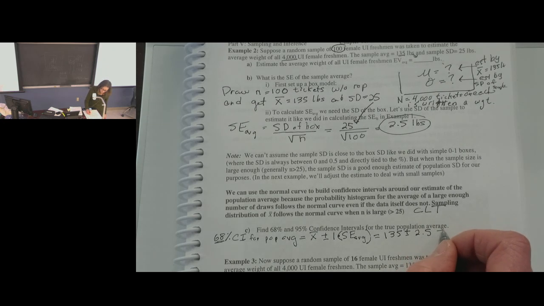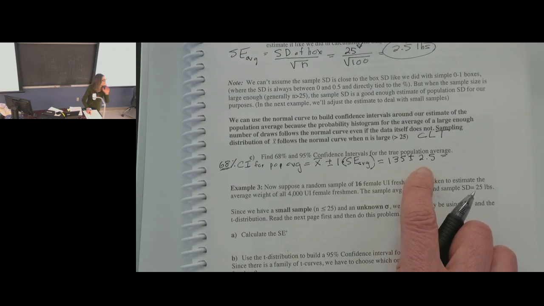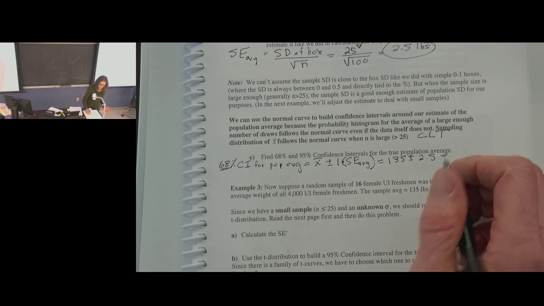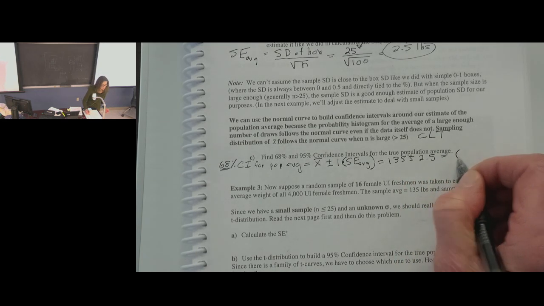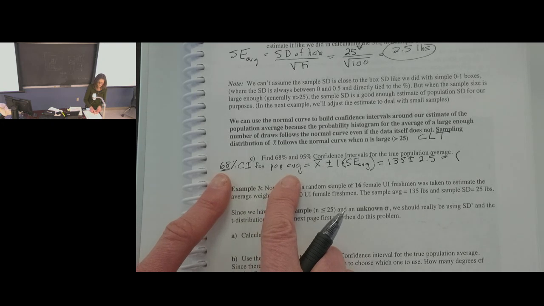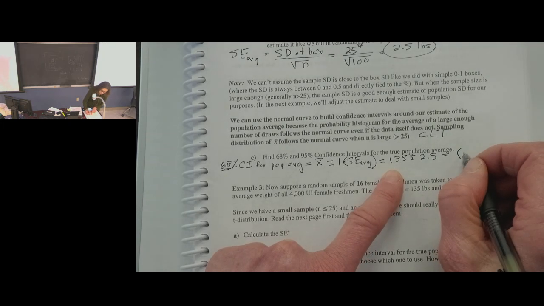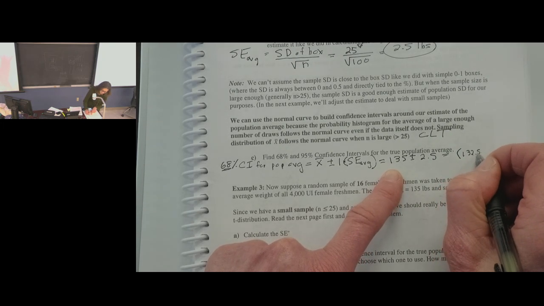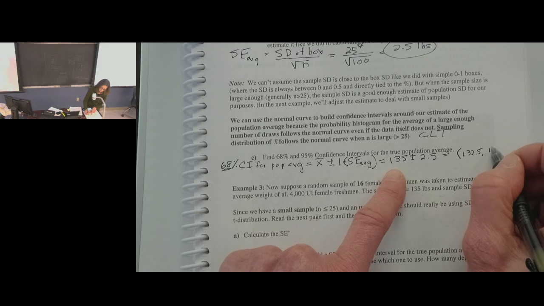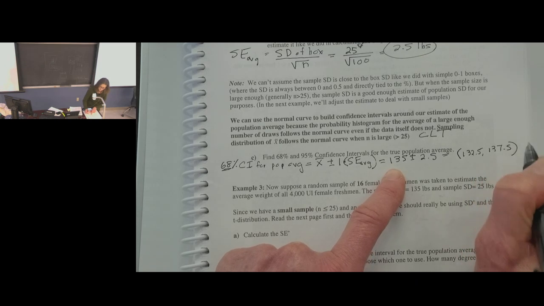So the reason it's so nice using this normal curve is because you can just get a very good approximation in your head. So that means that we can be 68% sure that the true population average among all freshman U of I students is between 132.5 as the lower limit and 137.5 as the upper limit.